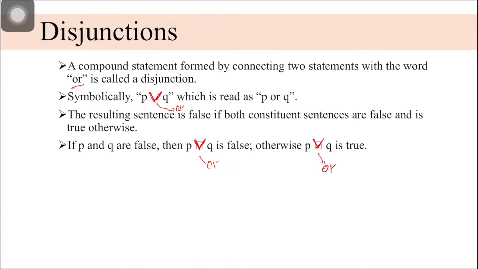So what would be the resulting sentence if we connect the two statements with the word or? Again, what will happen if we connect the two statements with the word or? So we have here the P statement and another statement Q, connected by the word or, this symbol.